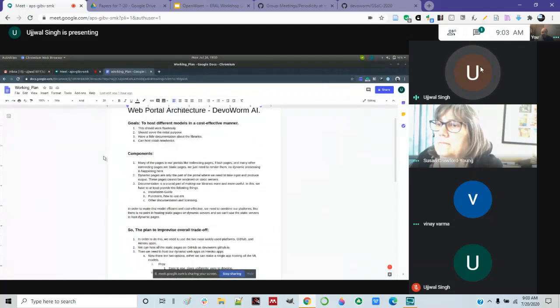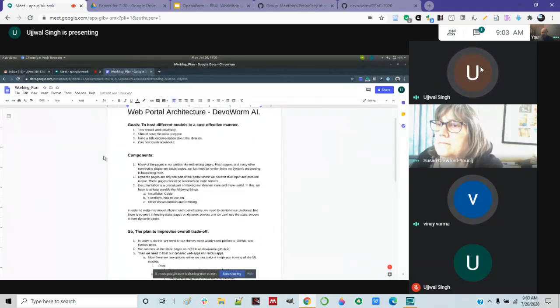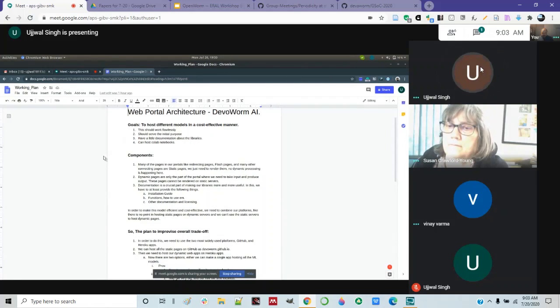Yeah, so basically I was looking for the best practices of how we can integrate our portal with the maximum best trade-off that we can get. Our goal is to host the different models in a very cost-effective manner. These are the four principles that we have to keep in mind.